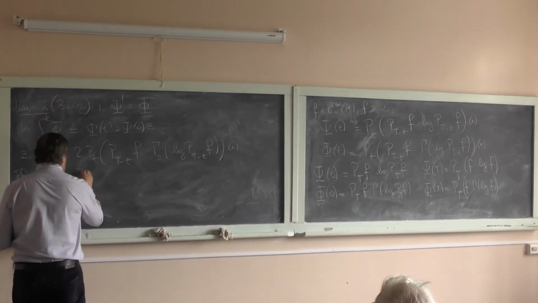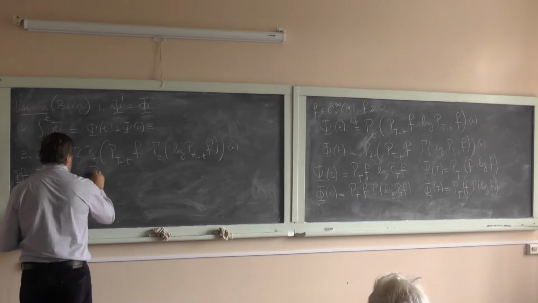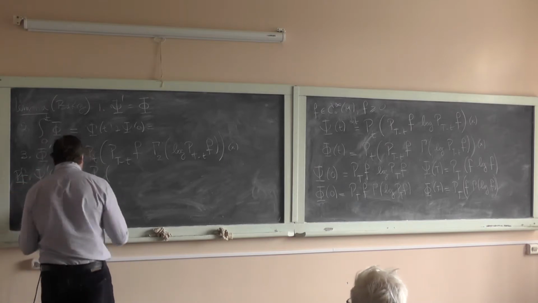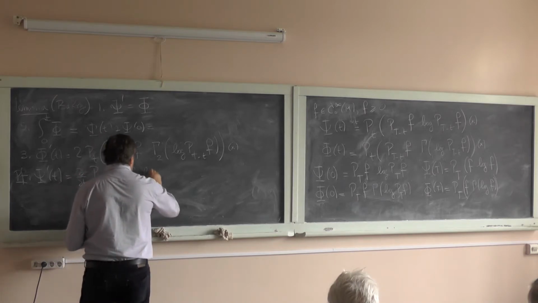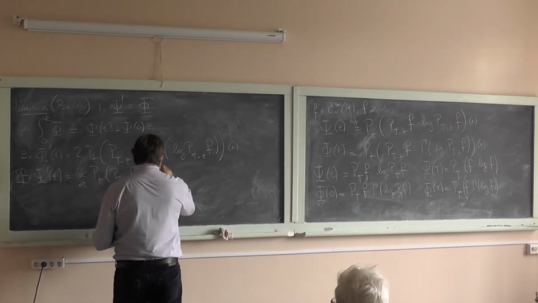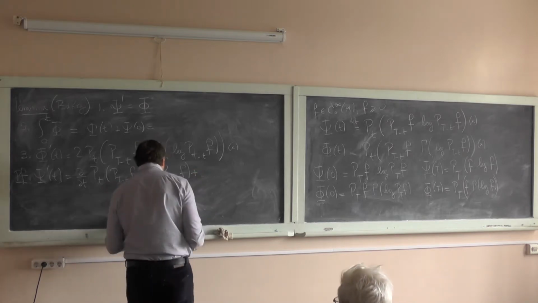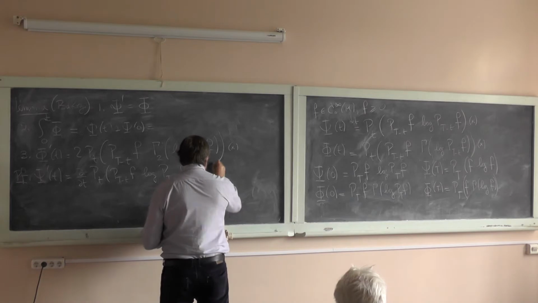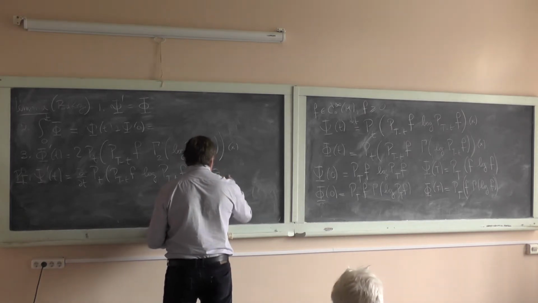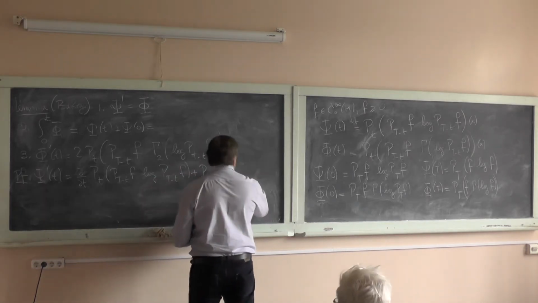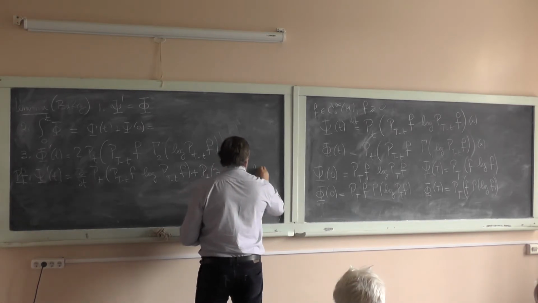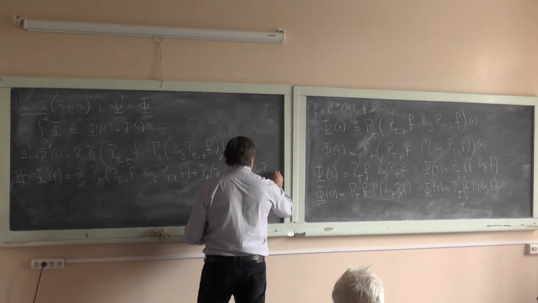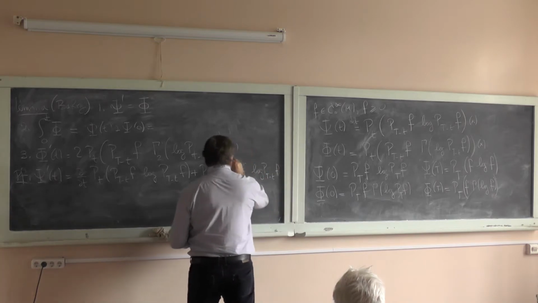So we get d/dt of p_t (p_{t-t}f) log of p_{t-t}f, plus p_t times d/dt of what we have under the integral sign, p_{t-t}f log of p_{t-t}f.